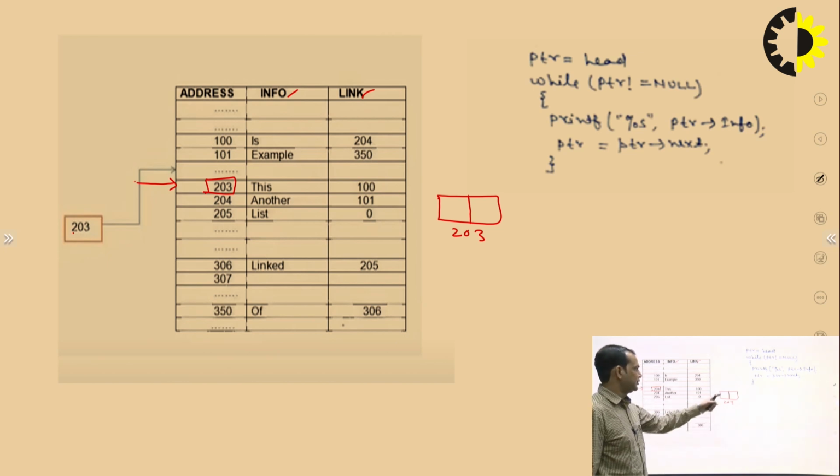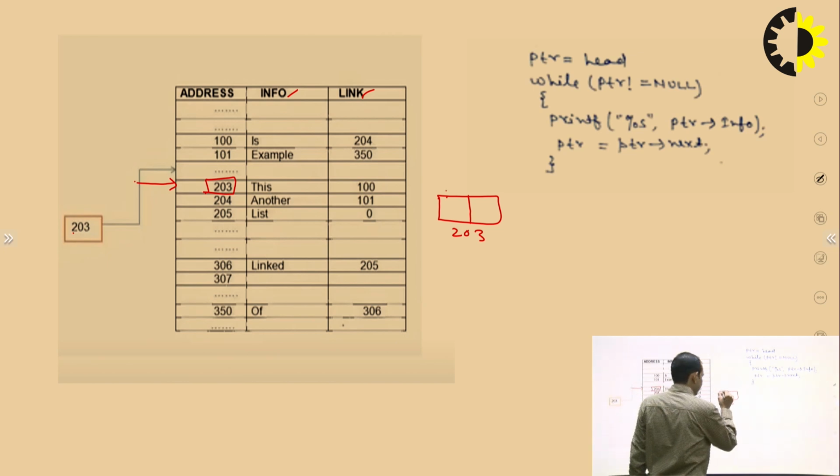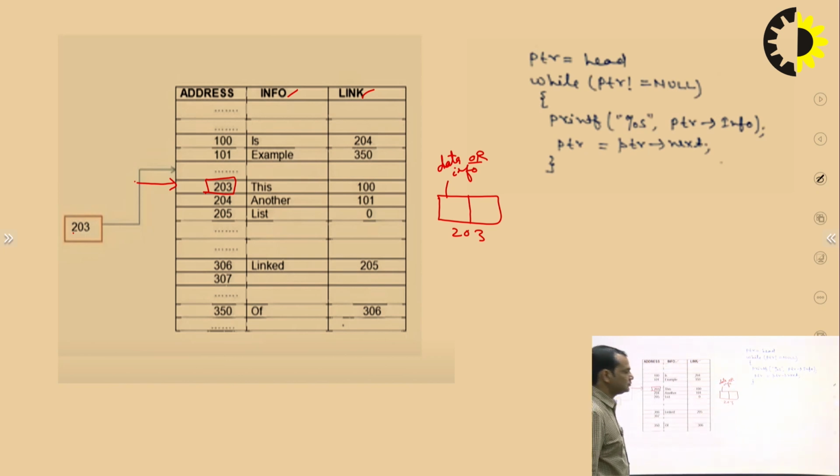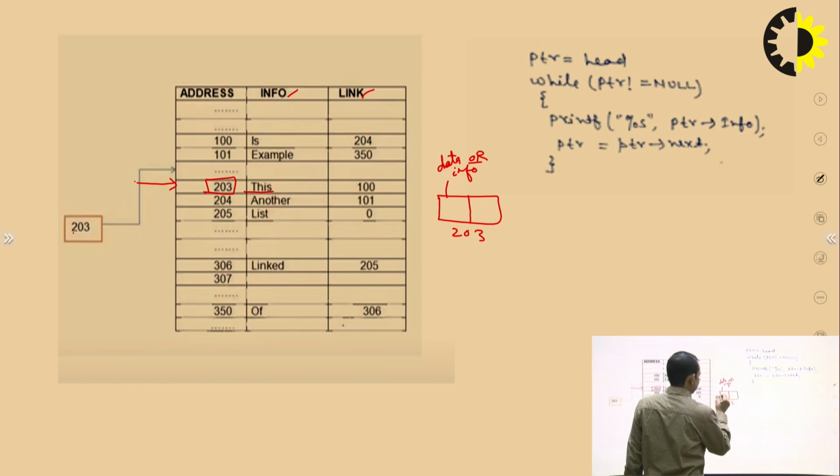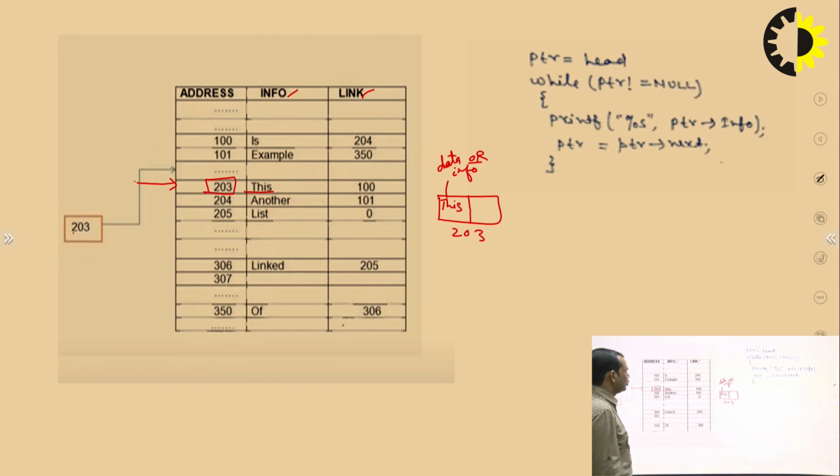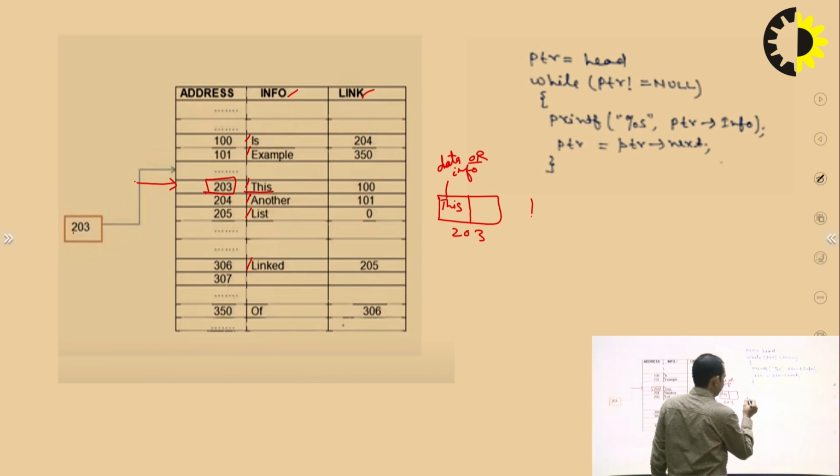This is the data part, or the info part. What value is stored in this info? That is this. So we define here this value. Basically how many nodes do we require? 1, 2, 3, 4, 5, 6 and 7. So we define them here.